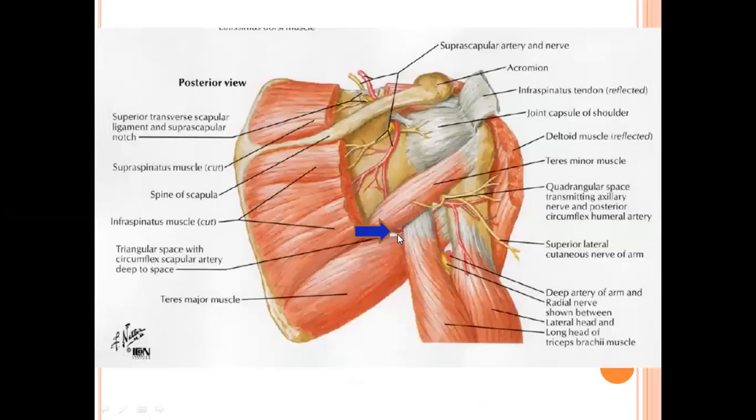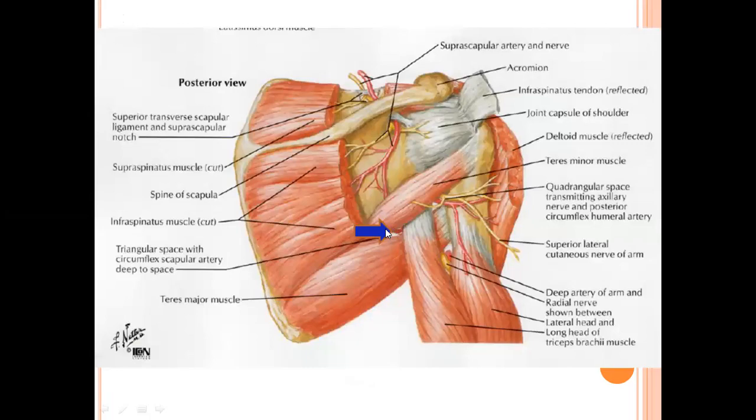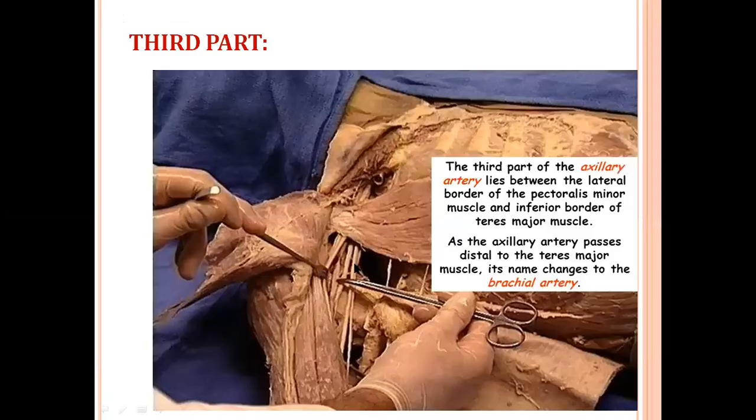Here also we can see the same artery, the circumflex scapular artery. So this is our third part of the axillary artery, which lies between the lower border of the pectoralis minor muscle and the inferior border of the teres major muscle, the whole thing.